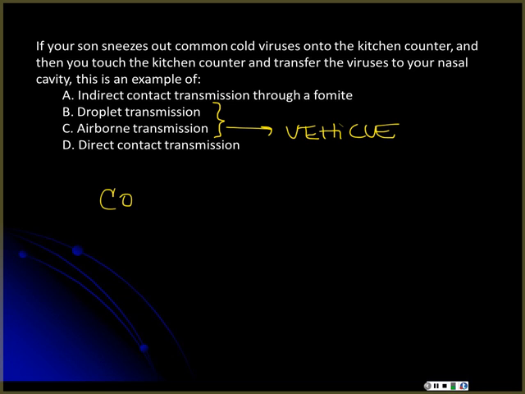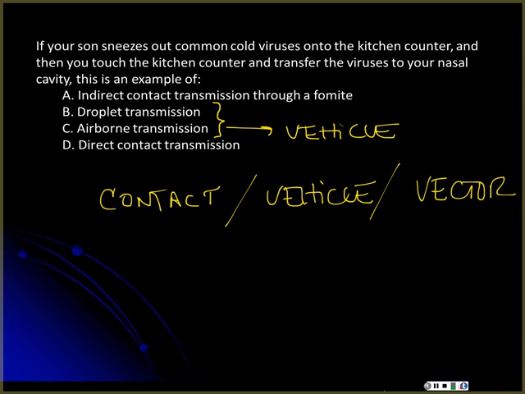So with transmission, you've got contact, you've got vehicle, and you've got vector transmission. Like I was saying, the review activity on Blackboard has a pretty good review activity where you go through and categorize the different types of transmission.